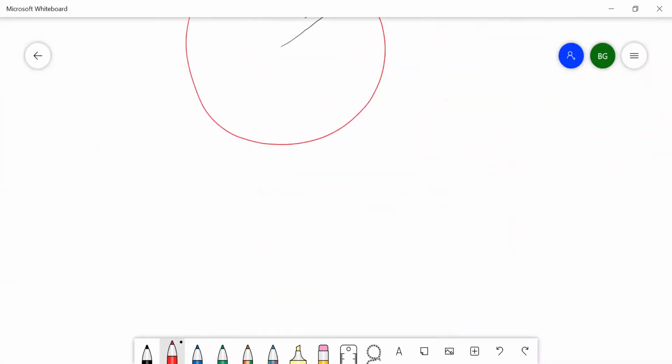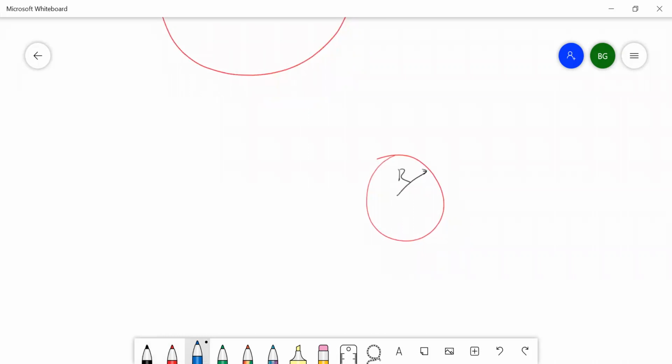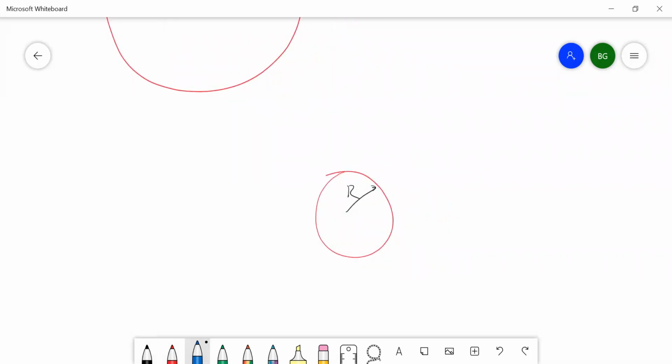Okay, I redraw the sphere here, with radius R. If we make a Gauss surface, I divide the region into region 1 and region 2.